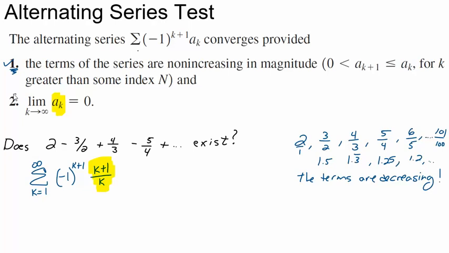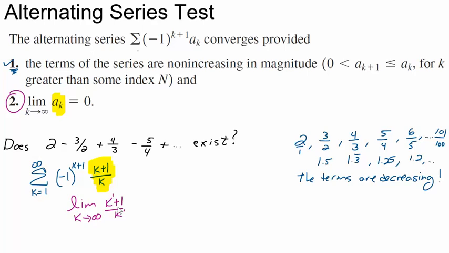All right, so for condition 2, I could write the limit as k approaches infinity of a sub k, which is this expression, and we have a rational function here where the degree of the numerator is equal to the degree of the denominator.